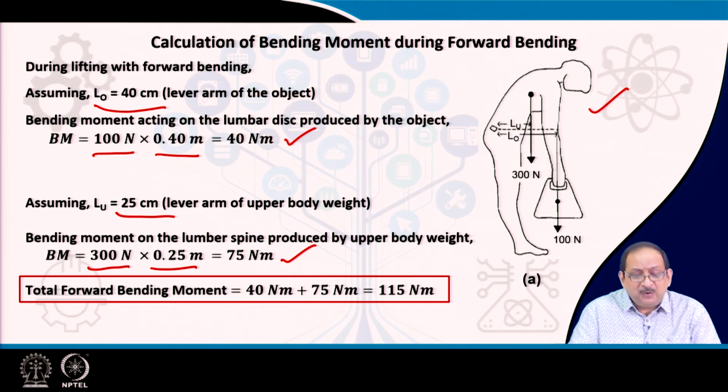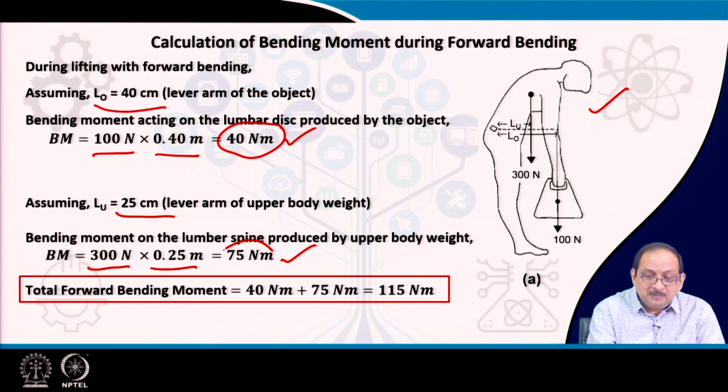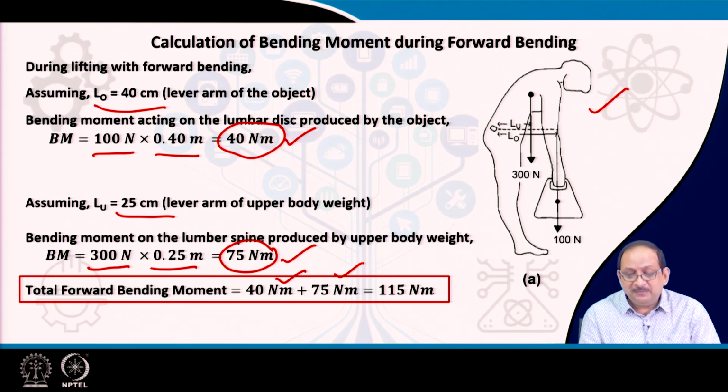So, the total forward bending moment is the sum of these two bending moments, 40 Newton meter plus 75 Newton meter, and that gives 115 Newton meter.